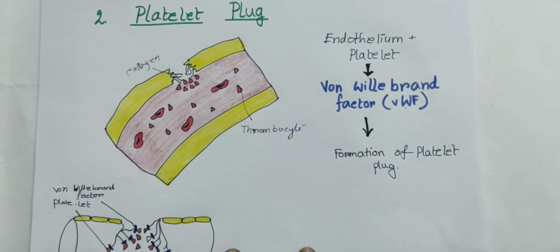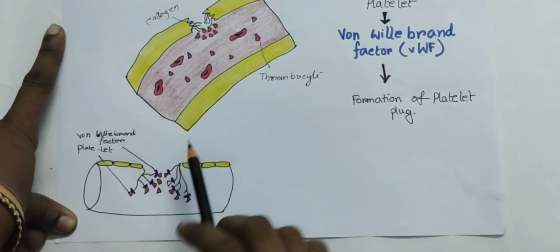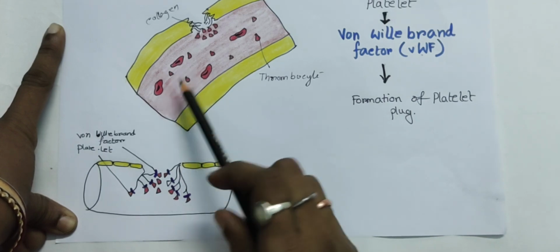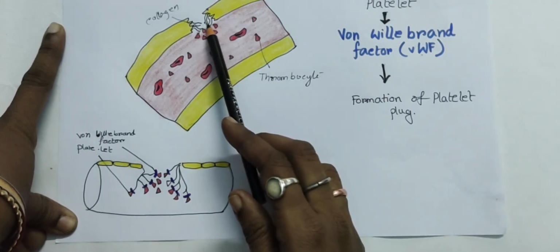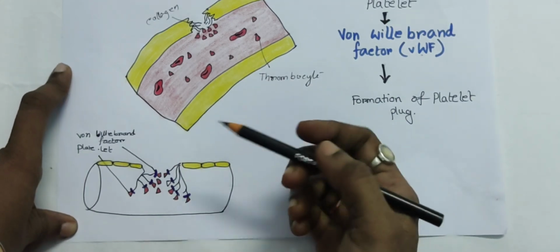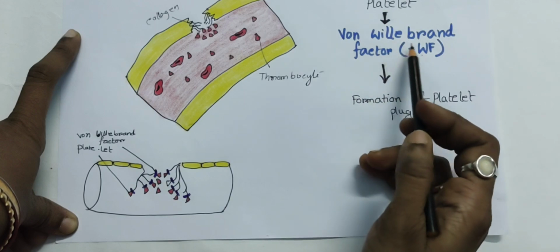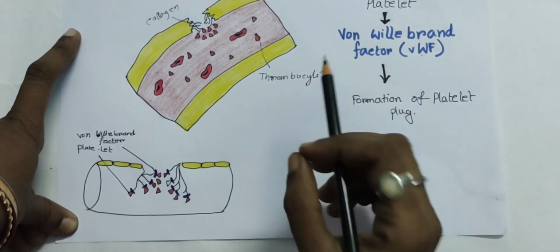Look at that diagram. Platelets are negatively charged and collagen fibers are also negatively charged. So how could both negatively charged particles get attached? That's why von Willebrand factor plays a very important role.